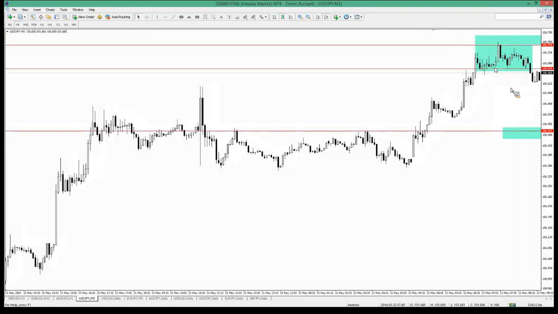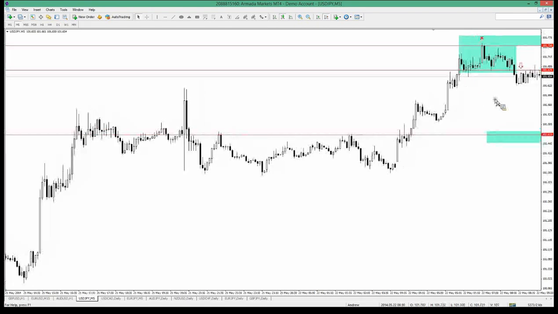So when price breaks out of here and closes below, if price then comes back to retest the area, my sell limit would come here at this 101.67 area, and my stop loss would go up here just above the high area. So now I have an entry point and I have this base here to act as some sort of level of resistance.